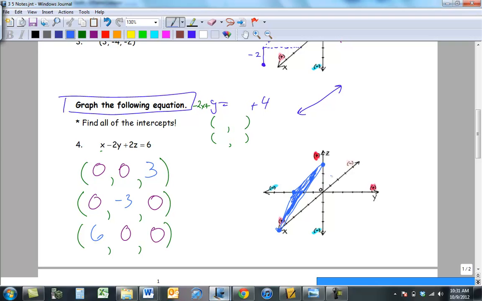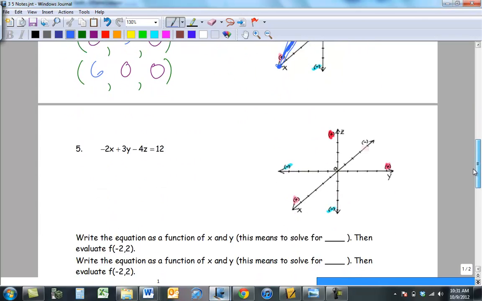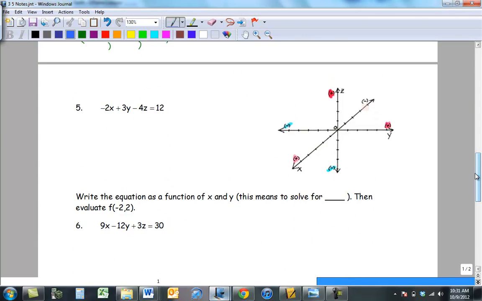All right, this is kind of slanted. If we were to stand on this plane, we would fall down this way. Right? So the easiest way to draw a plane is you find the 3 intercepts, you plot those points, and make the triangle.